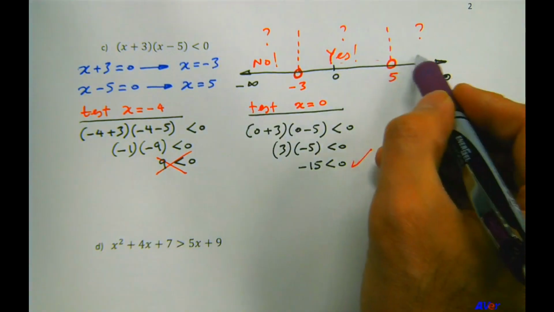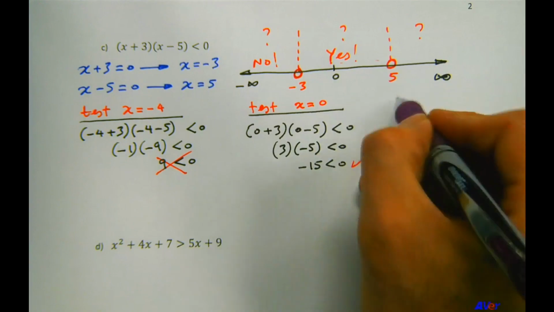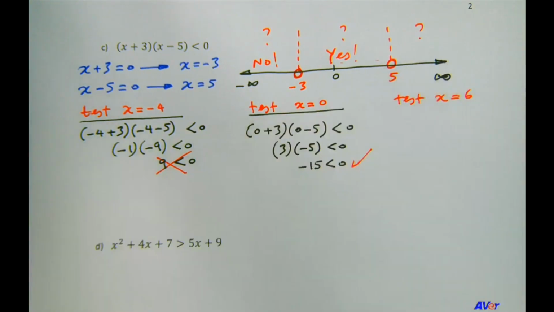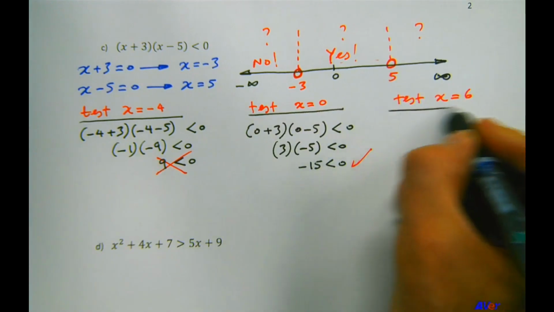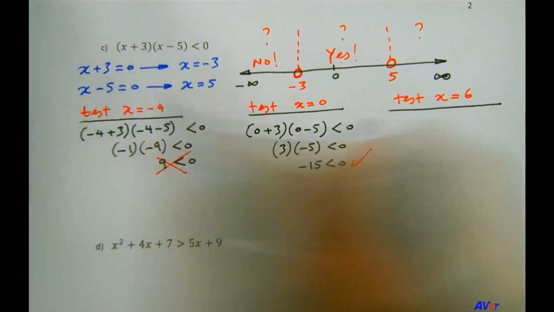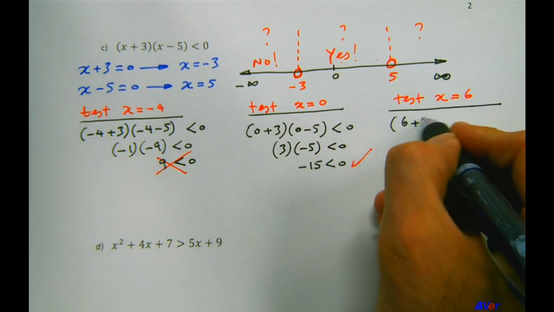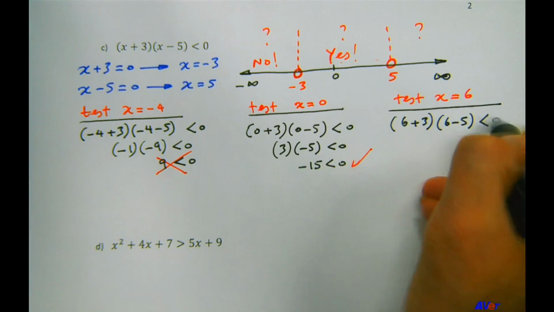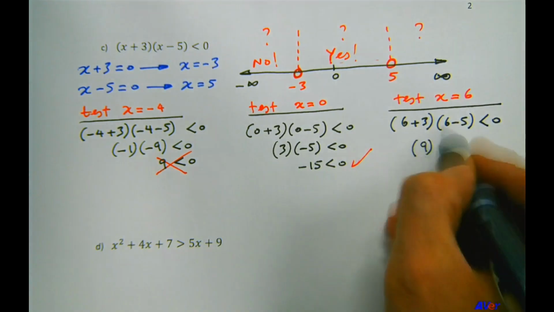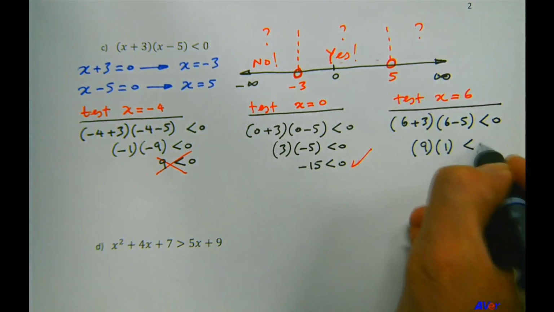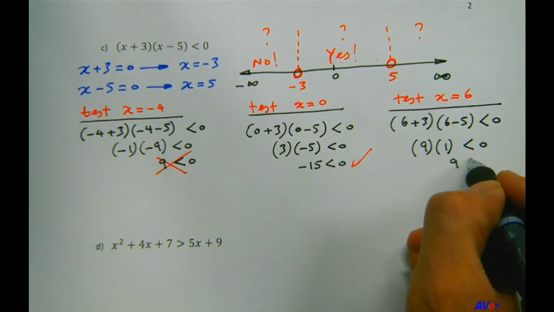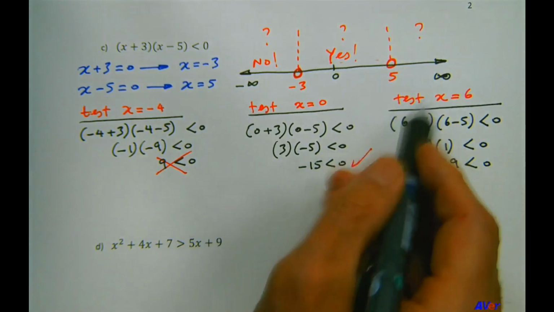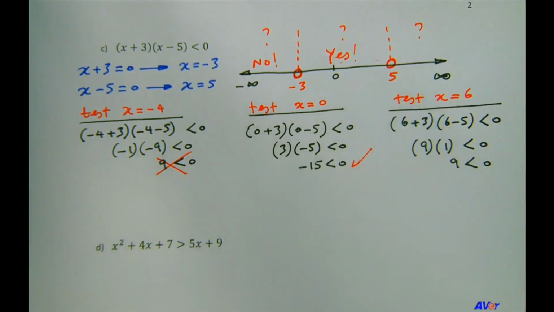Let's pick an easy number in this region to test. So we can test x equals 6. Again, plugging in here, we have 6 plus 3 times 6 minus 5 less than 0. So we have 9 times 1 less than 0, right? 9 less than 0. Is that a valid result after we picked x equals 6 to test?